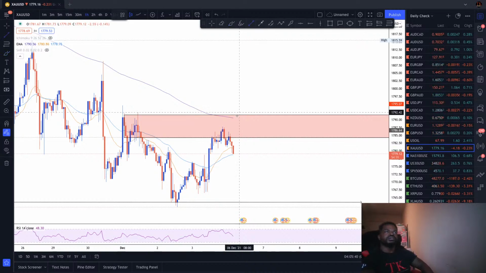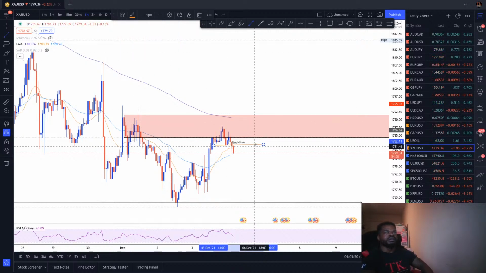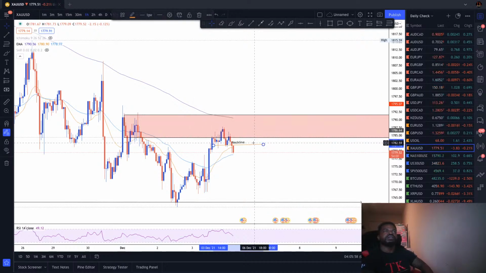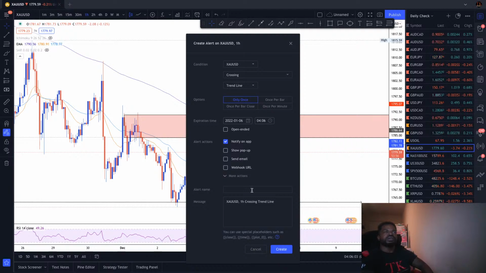So what I'll do is I'll just identify this neckline here. We'll set an alert there to see if price can stay below it and continue to move to the downside, or we'll see if price will break above it, break above that 200-day EMA, and start to give you a reversing trend.